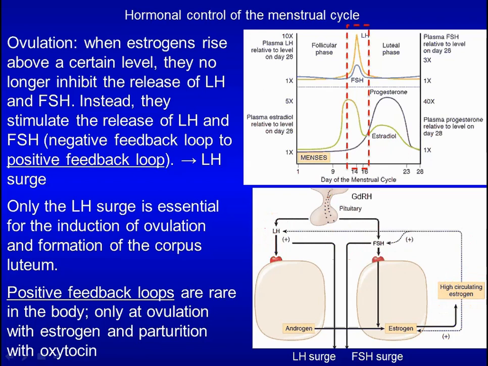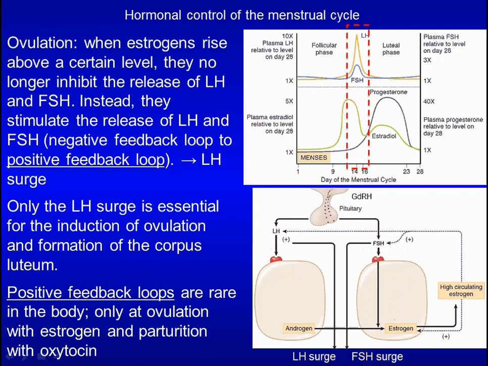Luteinizing hormone stimulates production of androgen, and follicle-stimulating hormone increases synthesis of estrogen. Eventually, this positive loop leads to surge of these two hormones.